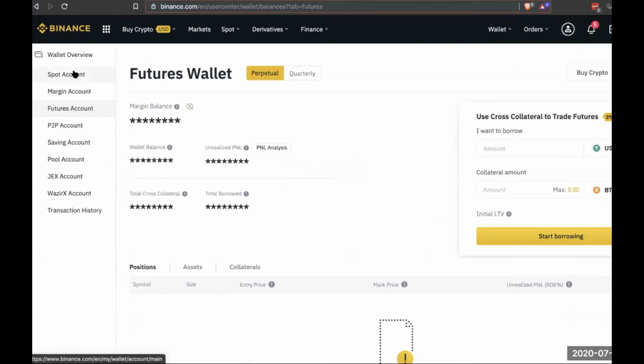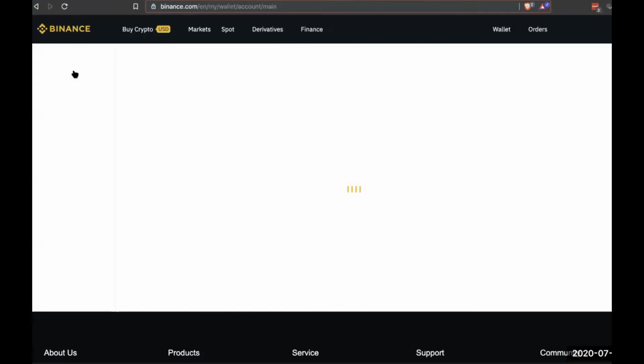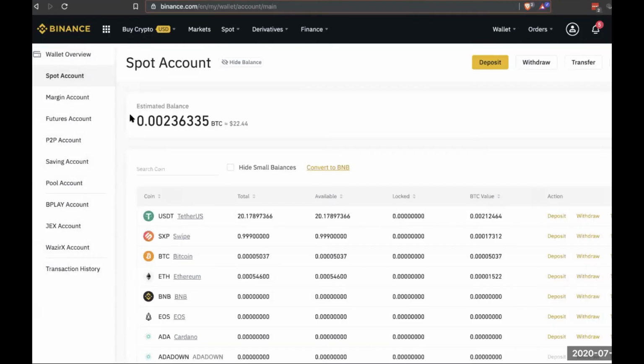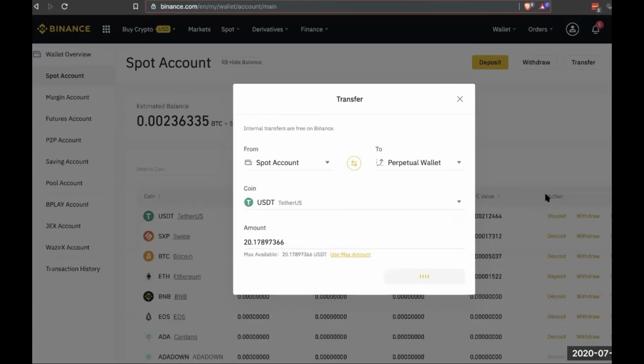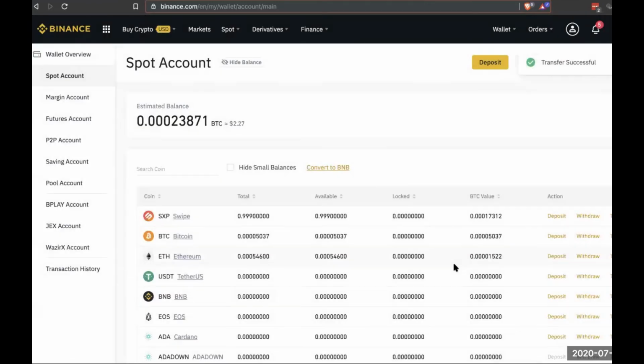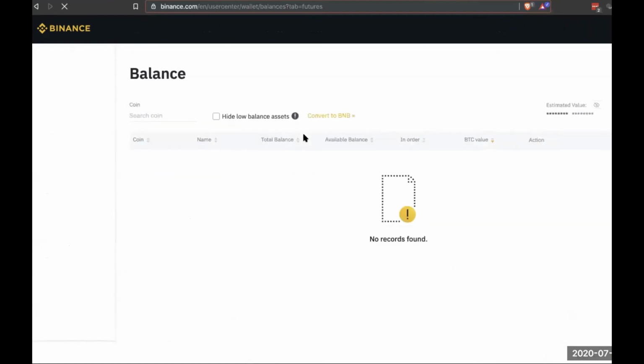So let's go and try that transfer again. To transfer from the spot account, I don't want to use the max amount, I don't want to put it all in. So in our futures account now we will have $20.